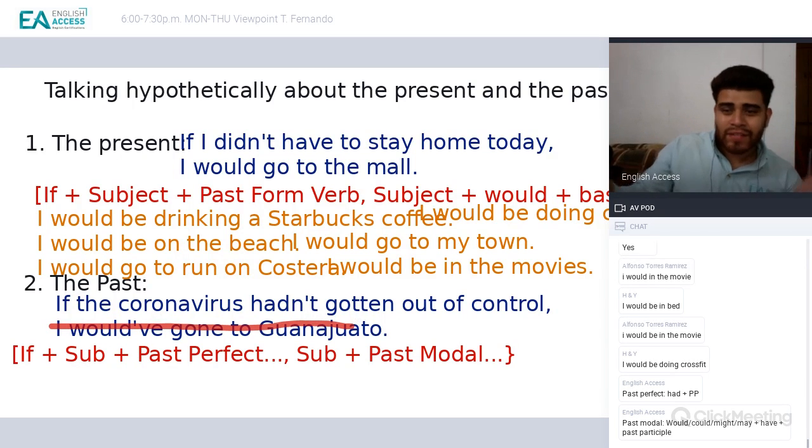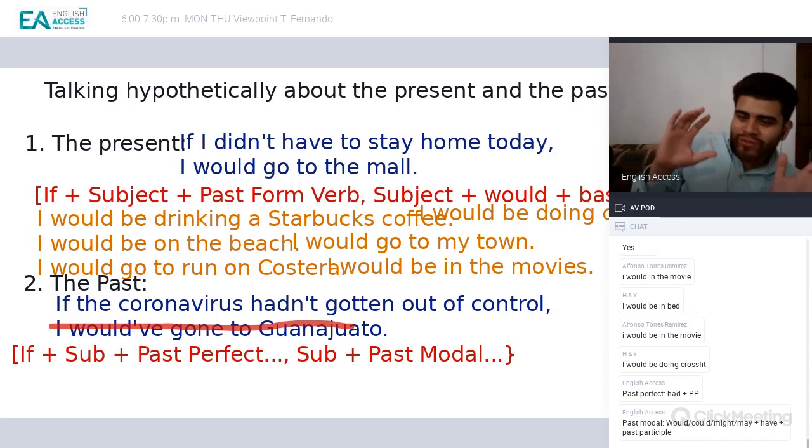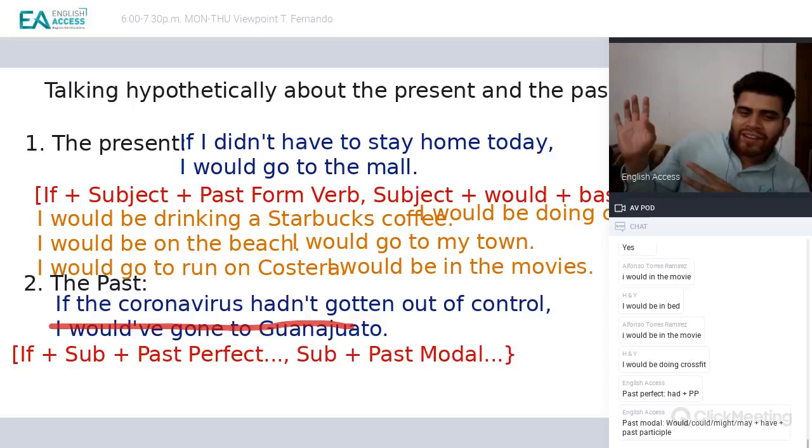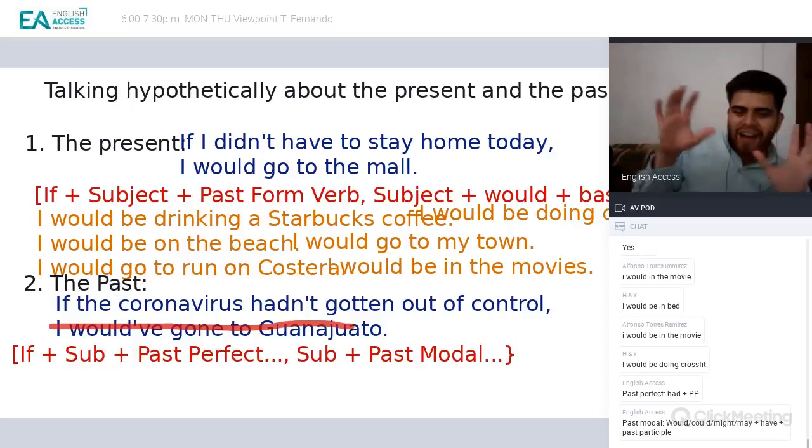My plan is I would have gone to Guanajuato. What about you? If the coronavirus hadn't gotten out of control, I would have gone to Dubai. I would have gotten a sexy body for Semana Santa. I would have saved more money.